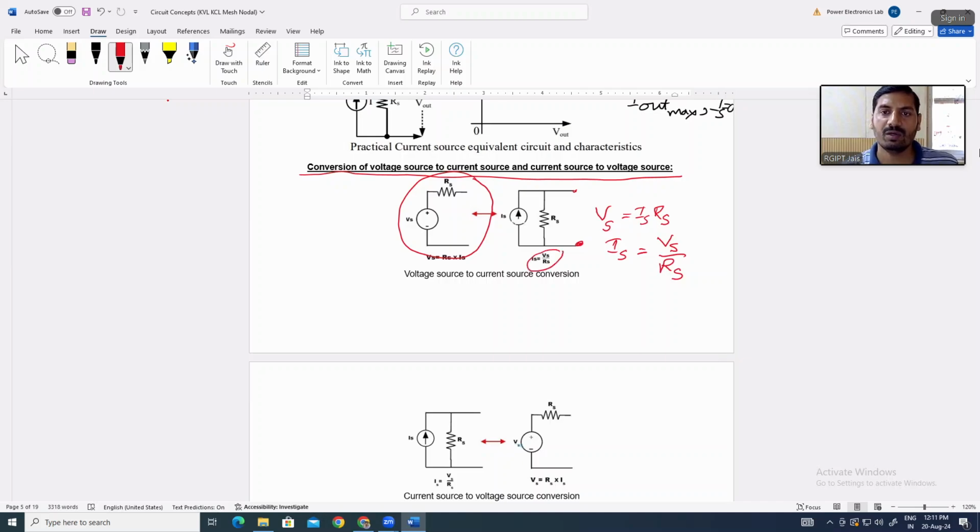So in source conversion, if you have a voltage source given and in series with it an internal resistance is given, you can convert it into a current source as per the circuit requirement. If you feel that converting the voltage source into a current source makes the circuit simpler, you can convert it and use it. That is for your help while solving circuits.